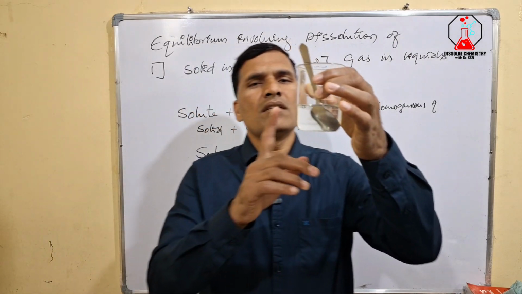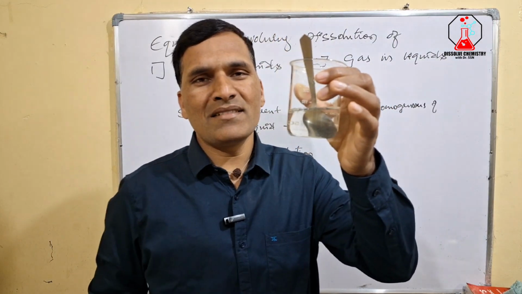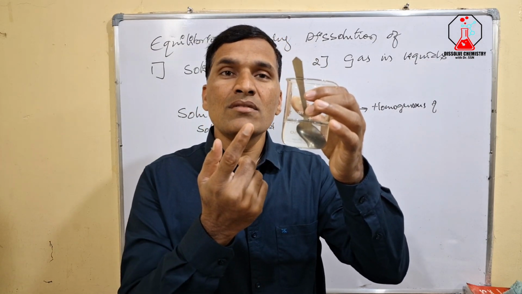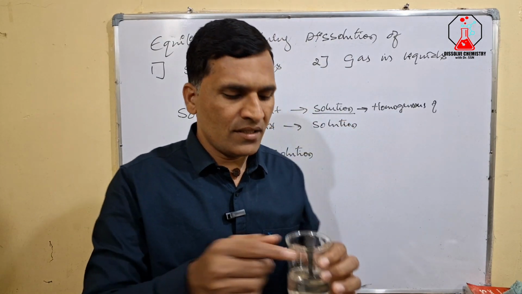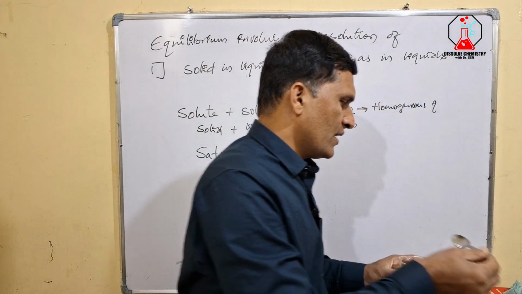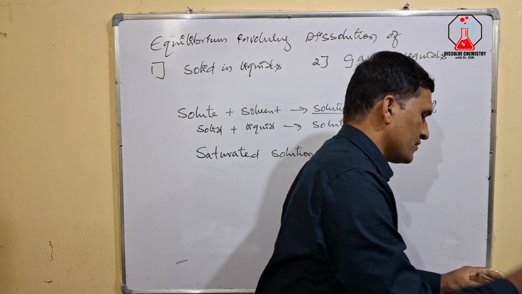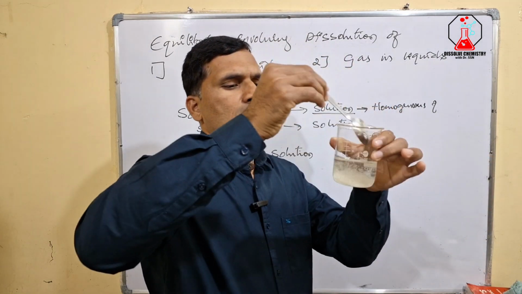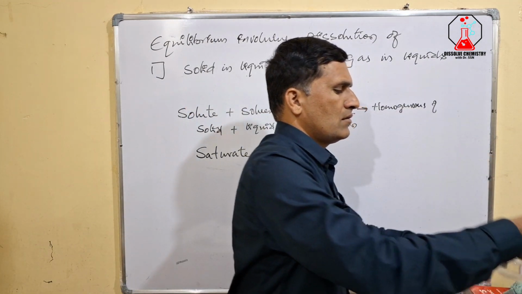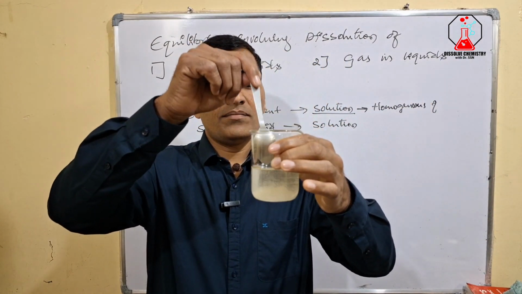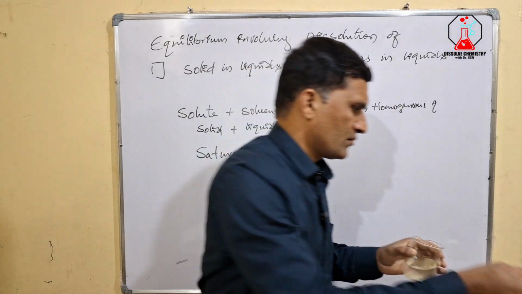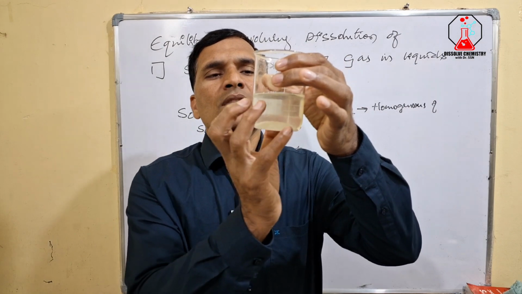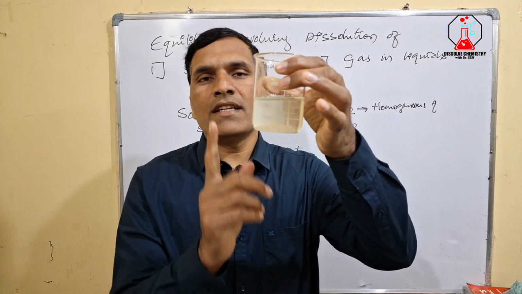See, now you have a homogeneous mixture of sugar and water, and this we call a solution. Now what we will do is add another spoon of sugar. Two or three spoons we will add together and we will try to dissolve them. Look here, the maximum amount of sugar has been dissolved in the water.